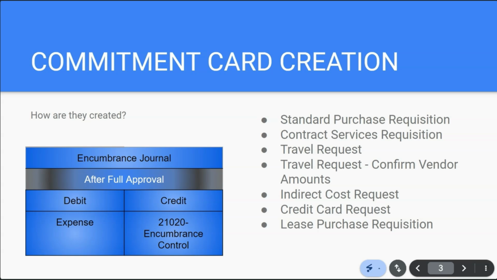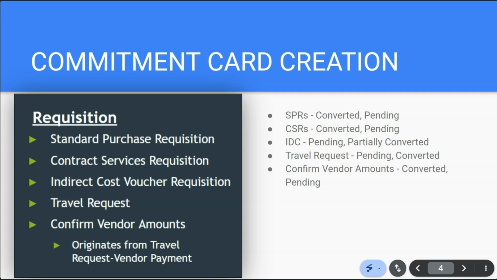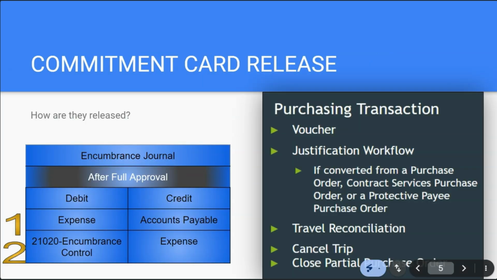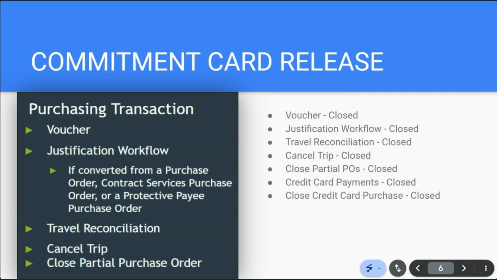So these are what creates our commitments, our encumbrances. These are the transactions that release them. So we have vouchers, justification workflows, travel reconciliations, everything on the right is what releases an encumbrance. So the standard purchase requisition creates the encumbrance.